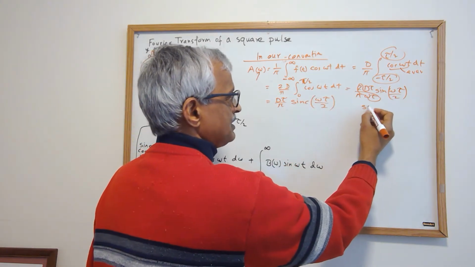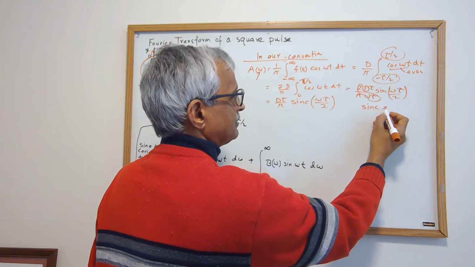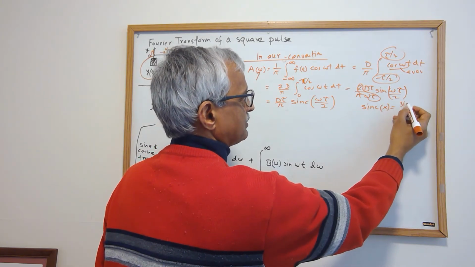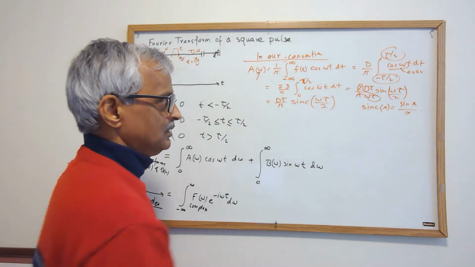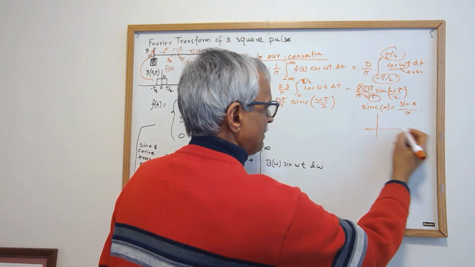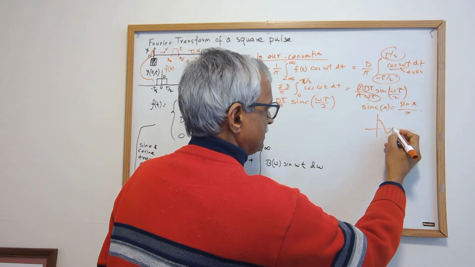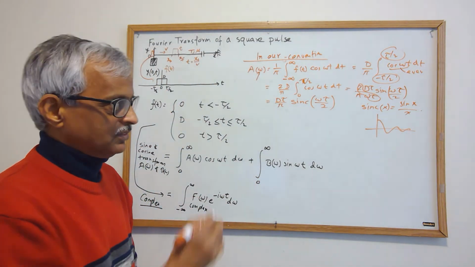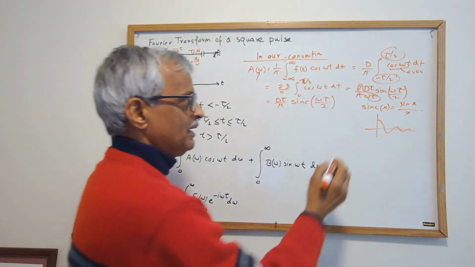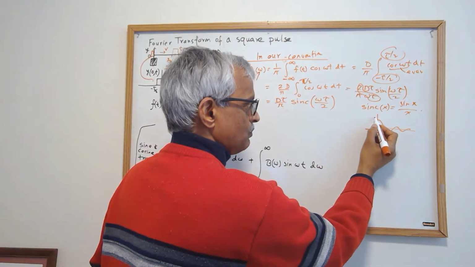You remember the sinc function, sinc x is sine x over x. You might remember this function is like a decaying function, like that. It's not 0 here, it's 1 here.